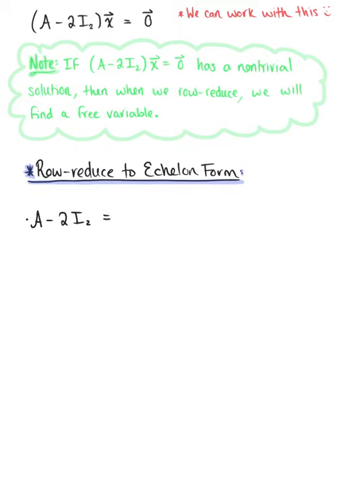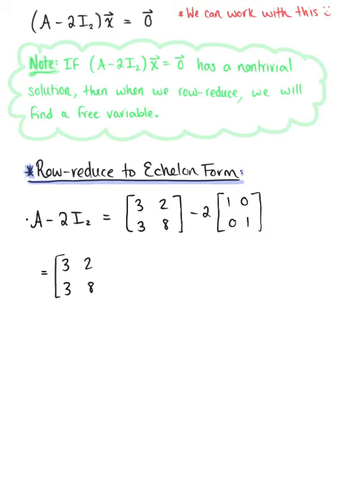We know that matrix A is the 2 by 2 matrix 3, 3, 2, 8. And this is now minus 2 multiplied by the 2 by 2 identity matrix. In other words, we can think about this as the matrix A, 3, 3, 2, 8, plus the 2 by 2 matrix negative 2, 0, 0, negative 2.